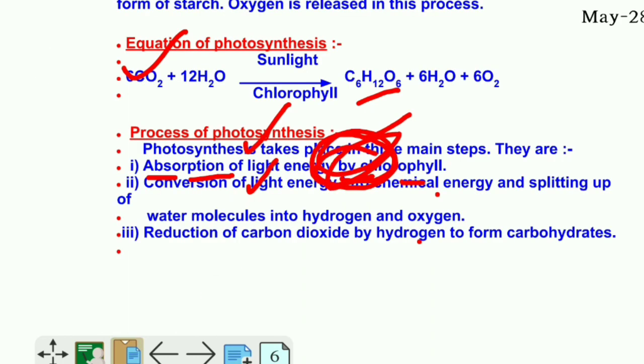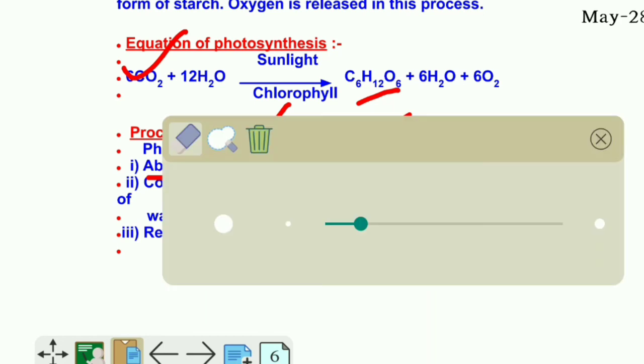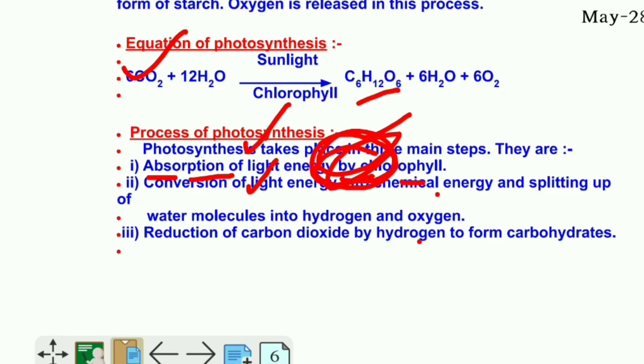Now this sunlight is absorbed by the chlorophyll. What is the chlorophyll doing to the sunlight? It is trapping it. So the sunlight is getting trapped in it, and this light energy is then converted into chemical energy.